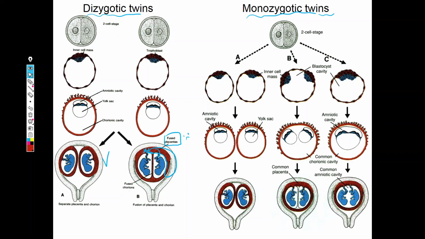This can happen very soon, the separation before the blastocyst stage. Then we have two blastocysts, and the situation is probably the same as for dizygotic twins. They can be implanted close together, or they can have fused placentas and so on, but we have two blastocysts.